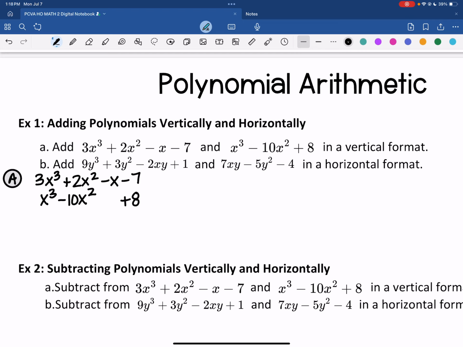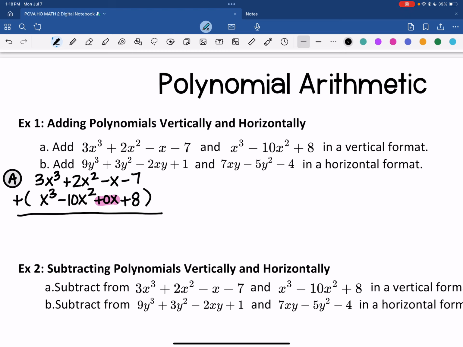So basically we're missing this minus x. It doesn't go away, but you're still missing it, so we aren't actually adding anything together. If it helps, you can put a placeholder and put 0x just to make sure everything is in its appropriate spot.